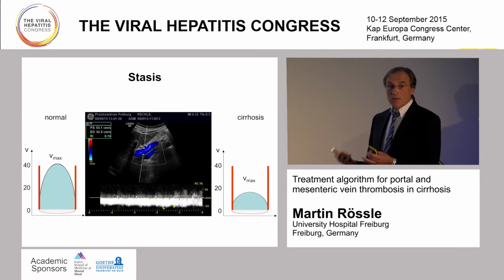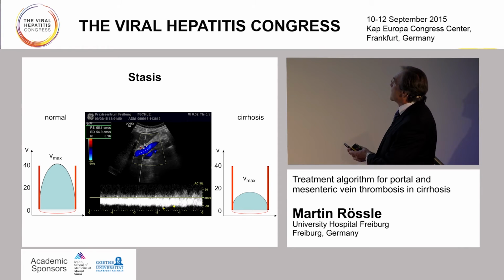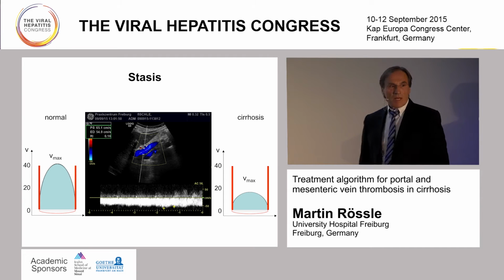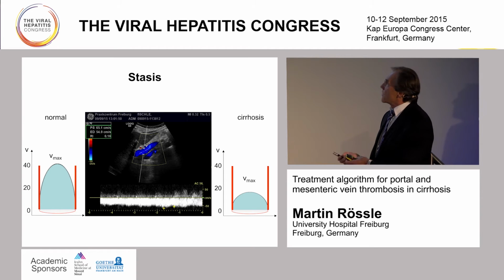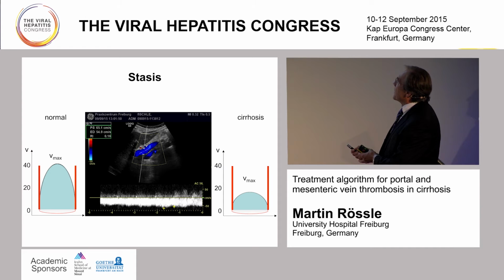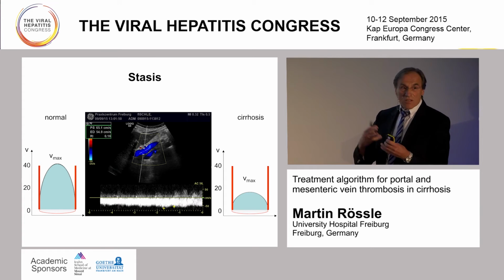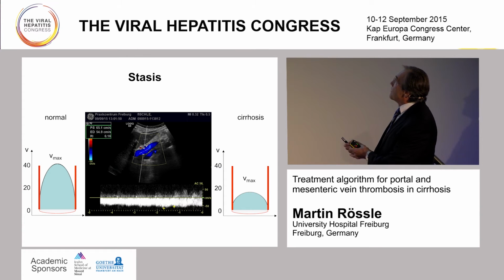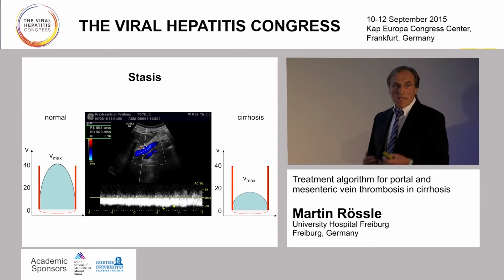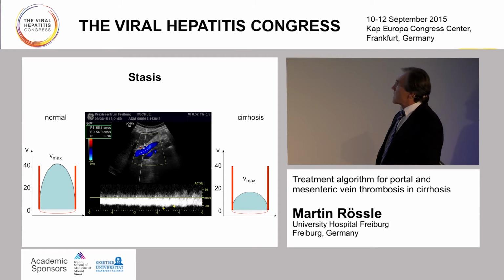And you have other particles which move very rapidly with a flow velocity of up to 50 centimeters per second in the portal vein. The particles moving at the border of the portal vein do not really move, they just roll, and they have a very, very low flow velocity, and the particles in the center of the portal vein have a very high flow velocity.